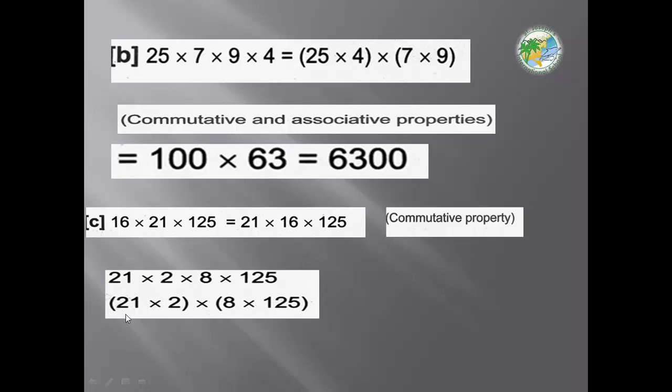Then 21 times 2, and we write a bracket between the two numbers 8 times 125. Then what is this property called? We write a bracket, then it is called the associative property. It's called the associative property. Don't forget to write the name of the property.